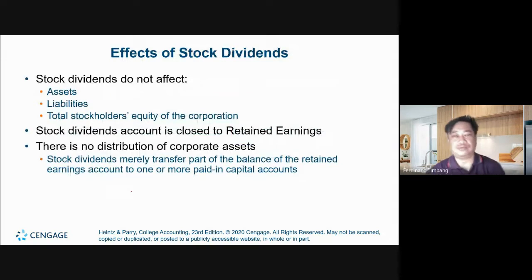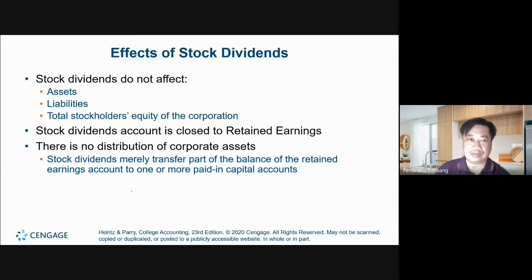Okay, effects of stock dividends. Stock dividends do not affect assets, liabilities, and the total stockholders' equity of the corporation. The stock dividends account is closed to retained earnings, and there is no distribution of corporate assets. So basically, your stocks will increase because of the stock dividend.